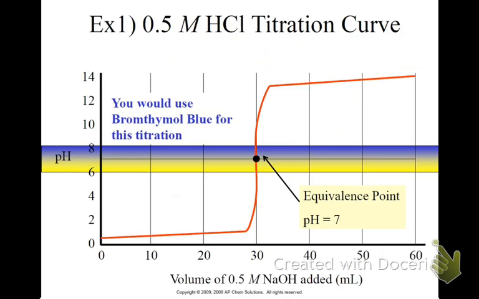Bromethymol blue starts yellow in an acidic solution, turns blue in a basic solution, and it makes that transition right here in the middle. At exactly a pH of 7, it's going to be a mix of yellow and blue. But remember, when we're doing a titration, see this giant jump up? It's going to go from yellow instantly to blue.